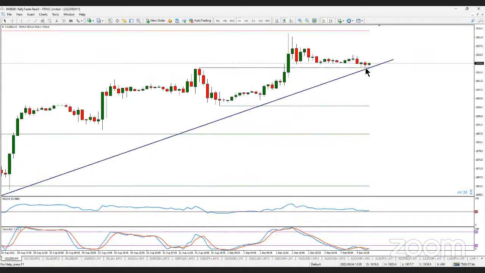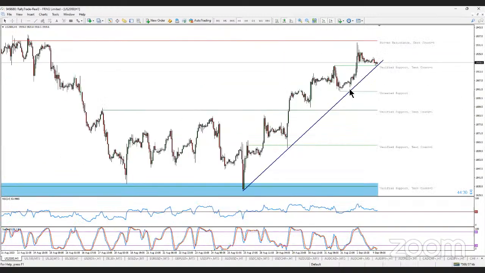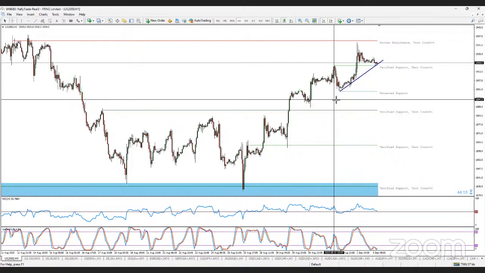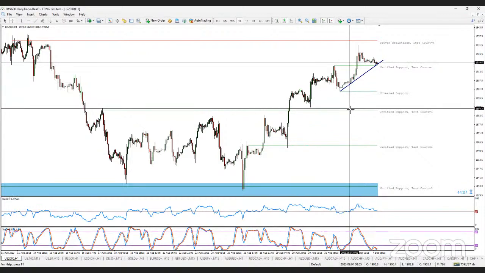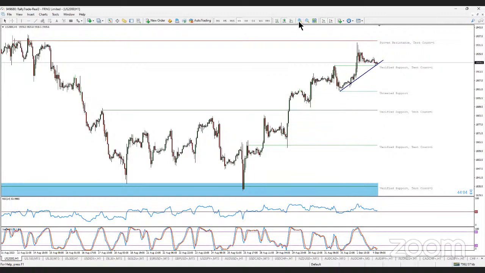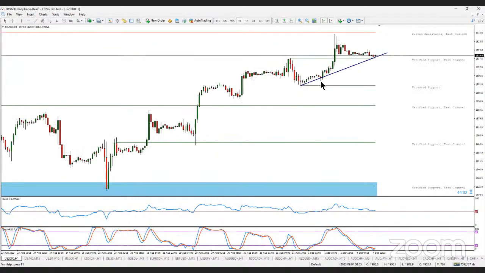I can link it from here, from here, or even from here. I'm linking the lows, right? Look at this one here. There's a low here, right? I can even link it from here.